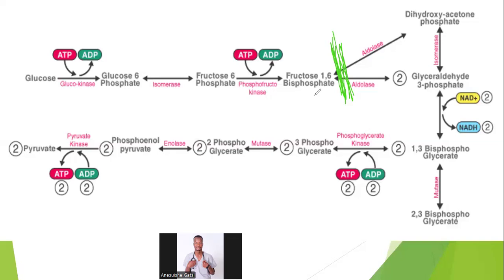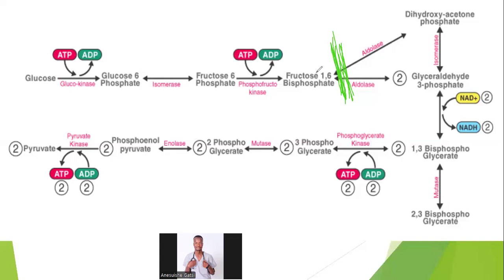Yes, sir. Okay. So now for the second step, remember I said we want to break down this 6 carbohydrate molecule into a 3 carbohydrate molecule, or like a 3 carbohydrate moiety.